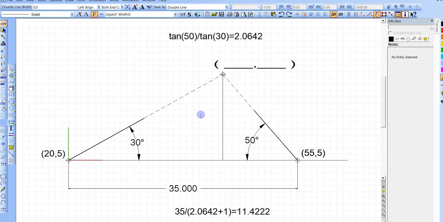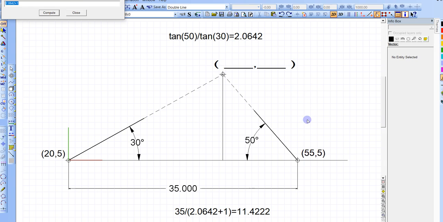So what happens is the ratio of this 35 to the whole is going to be the same, which is what you get if you add those two together, 2.0642. Let's do that. 2.0642 plus 1. That's the whole length of what I just showed you. Let's copy that.